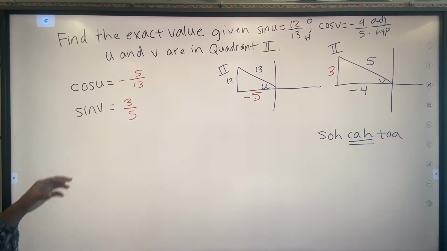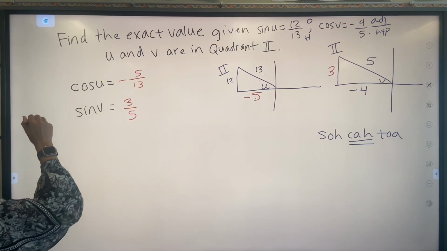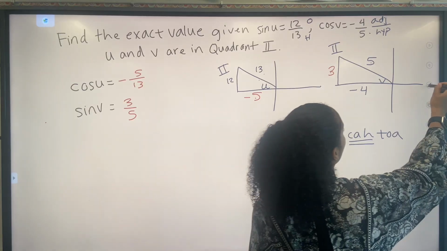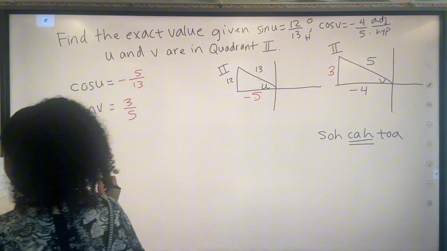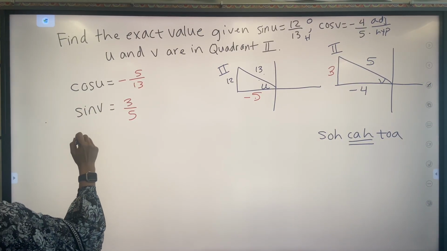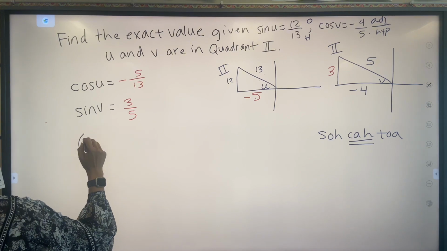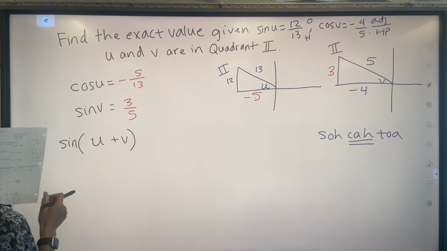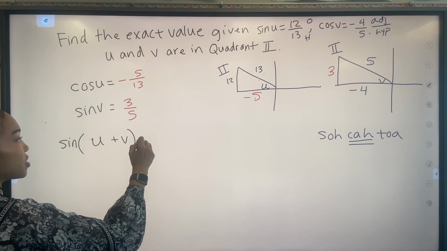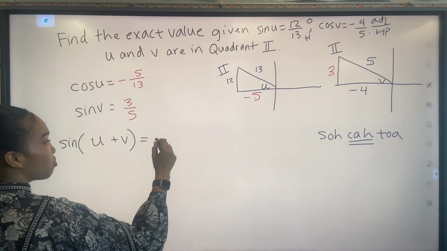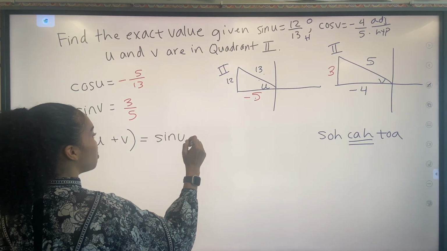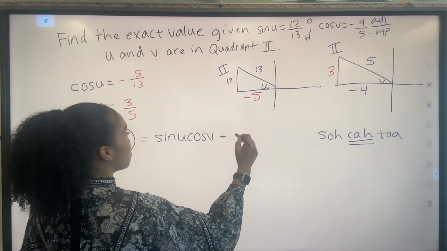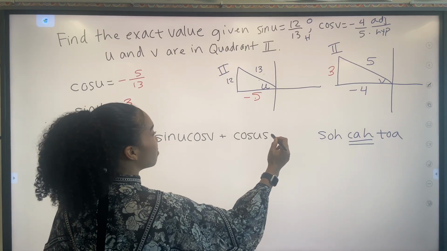So now that you know that, we could find sine of u plus v. And if you look at the formula chart, what's the formula for sine of u plus v? Is it sine u cosine v plus cosine u sine v?